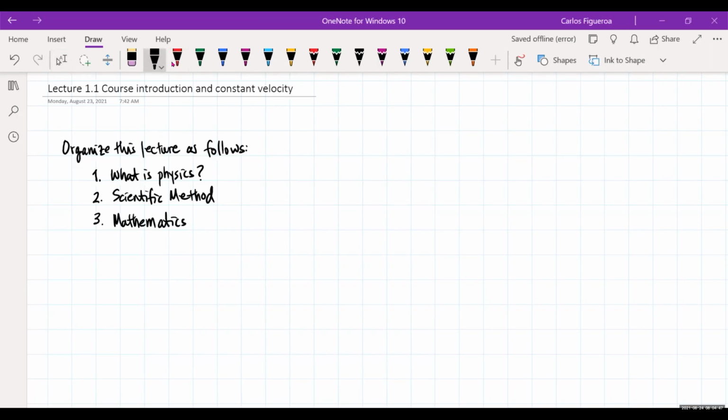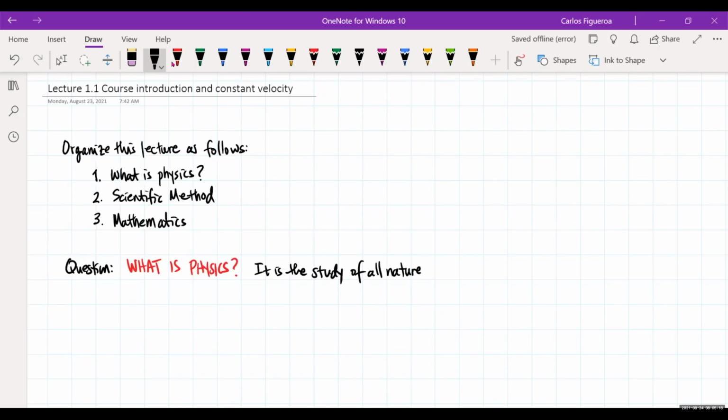So here's my first question that I'm going to try to answer: what is physics? And the answer is that it is the study of all nature. What do I mean by nature?